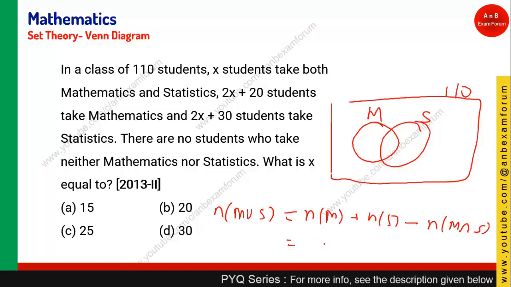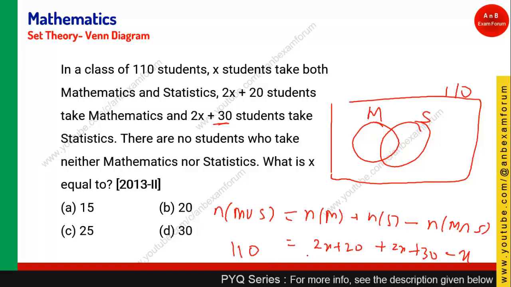Maths is 2x plus 20, and statistics is 2x plus 30, and the intersection is basically what we need to find, x. So it is minus x, and 110 elements are present.